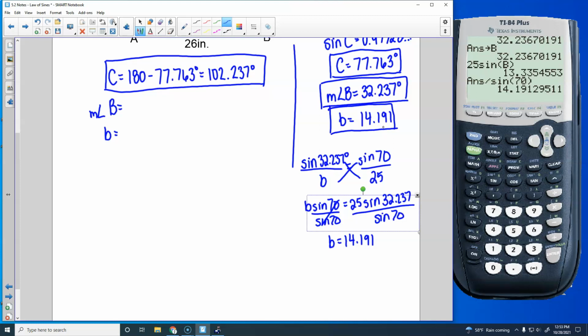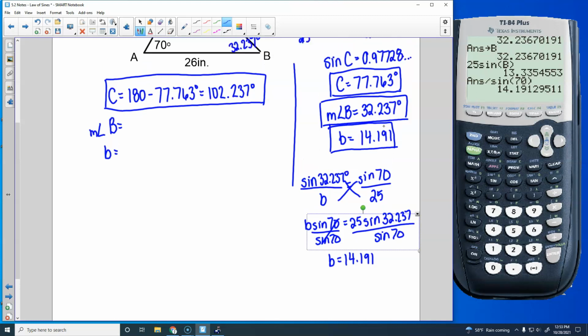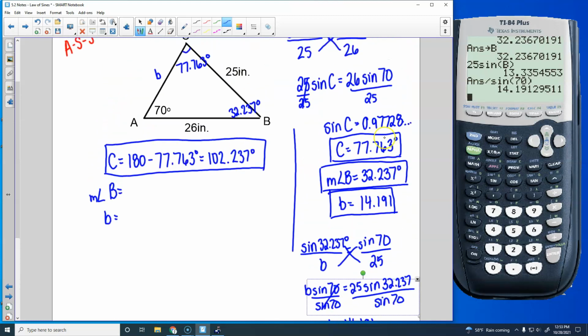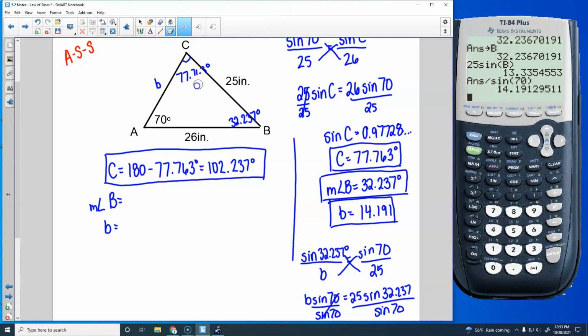But C might not be 77.763. C might be 102.237. So we've got to go back now and solve this again. So this might be 102.237 degrees.